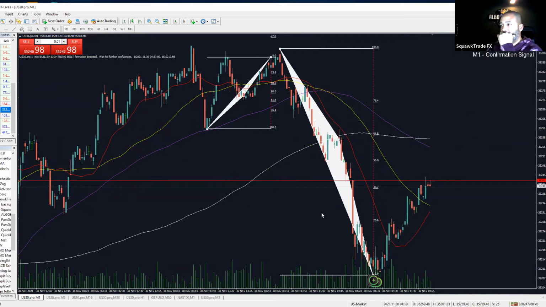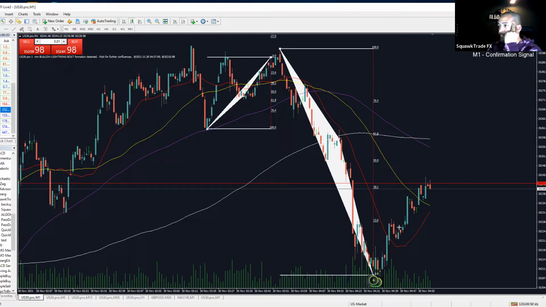Let's give an example here. This is a bad trade, but I'm just going to use this as an example. Say I was wanting to short at this level. For some dumb reason, there's no reason really, but say I wanted to short this level.